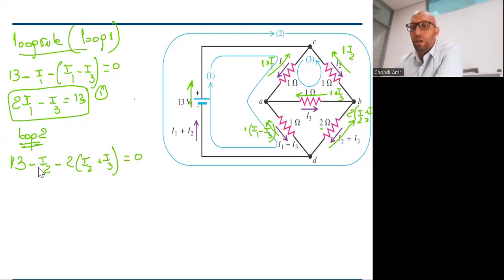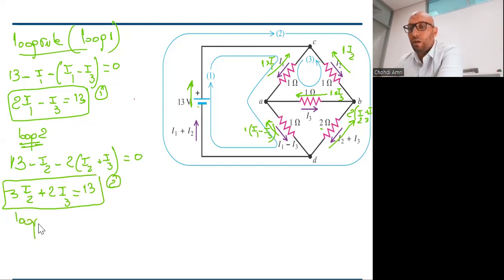So how many I2 do we have? We have 3. So let's write 3 I2 plus 2 I3 equals 13. This is equation number 2.